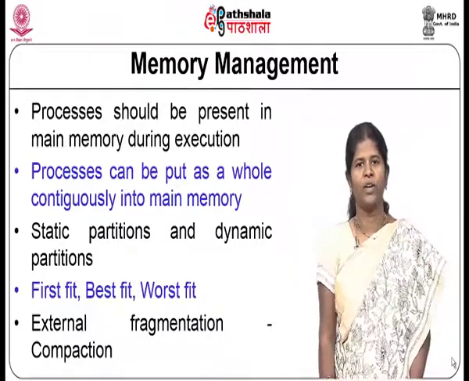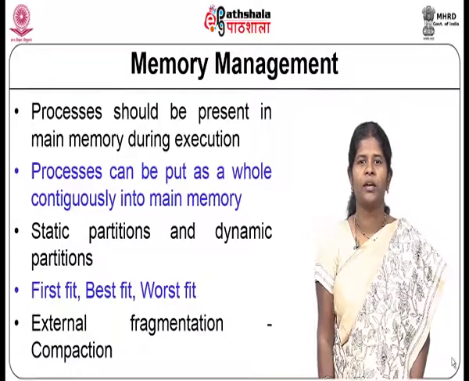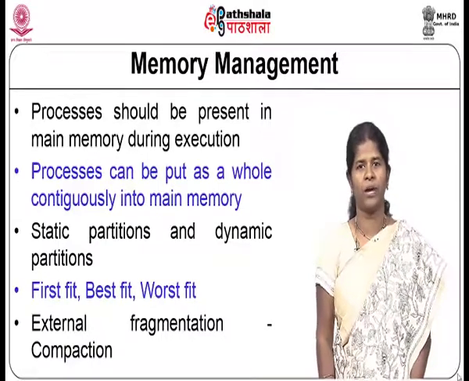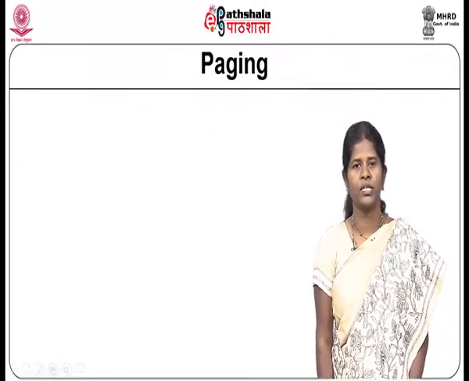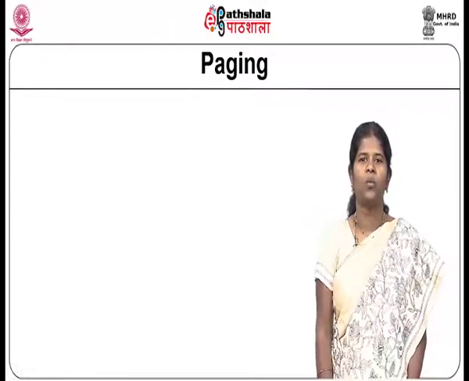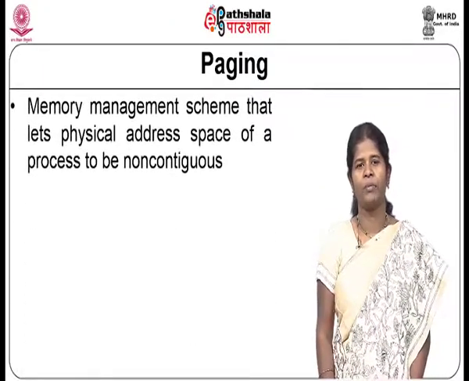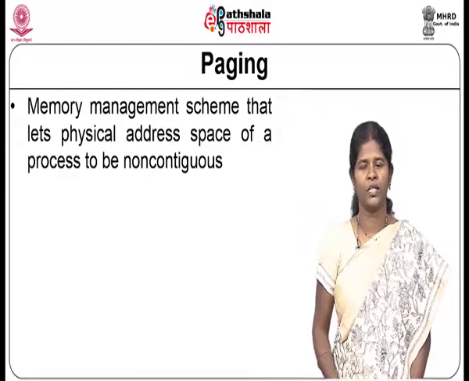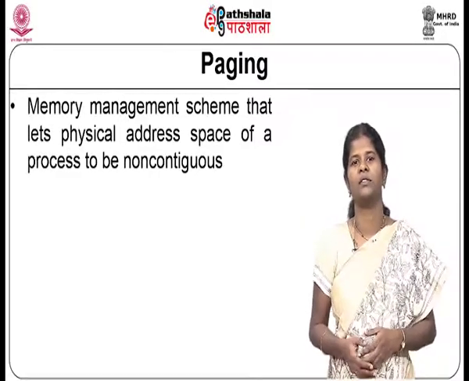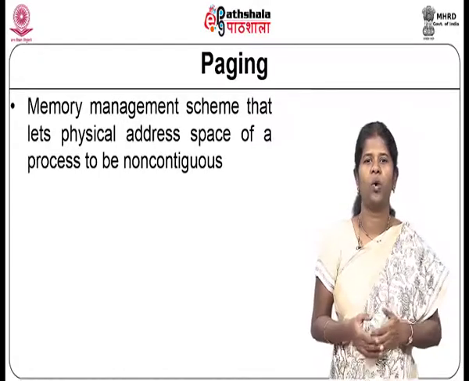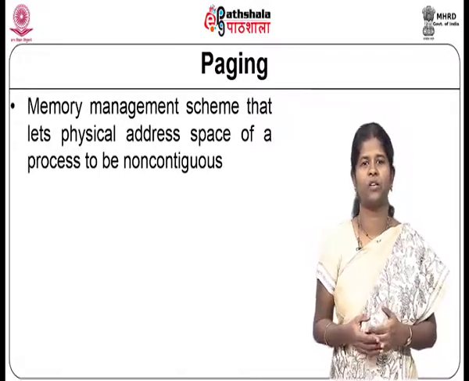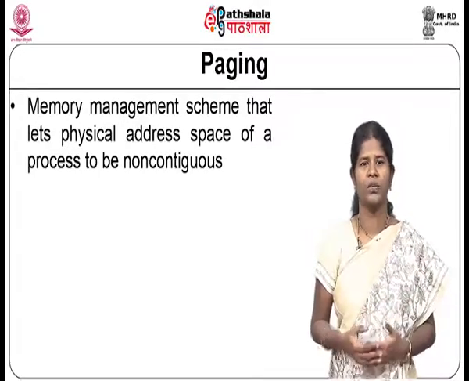So, this is what we had learnt in the earlier module, in the earlier class about memory management, and in today's class we learn what paging is. And the memory management scheme that we describe here in today's class does not want the physical address space of a process to be contiguous.